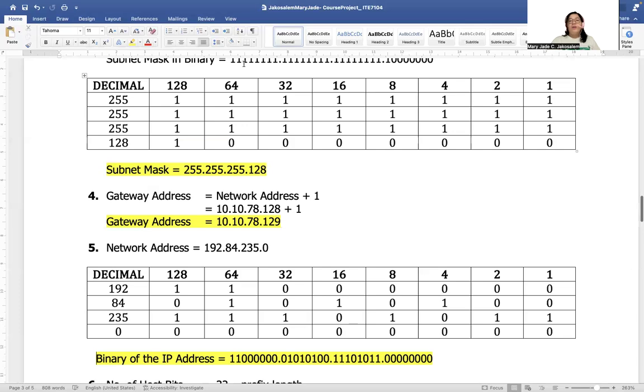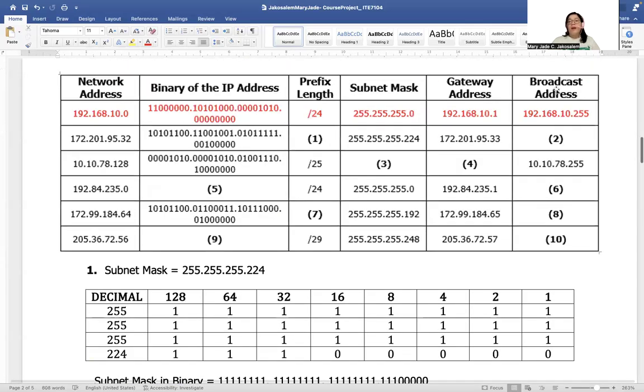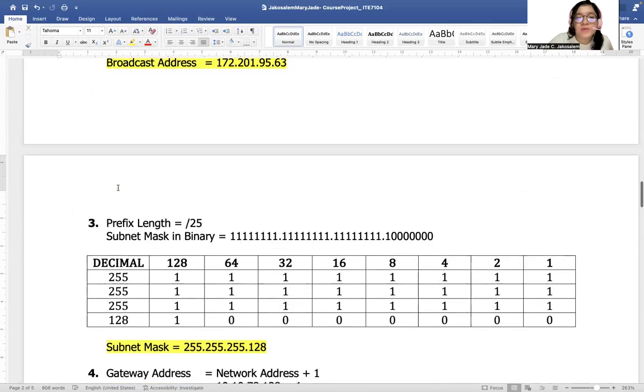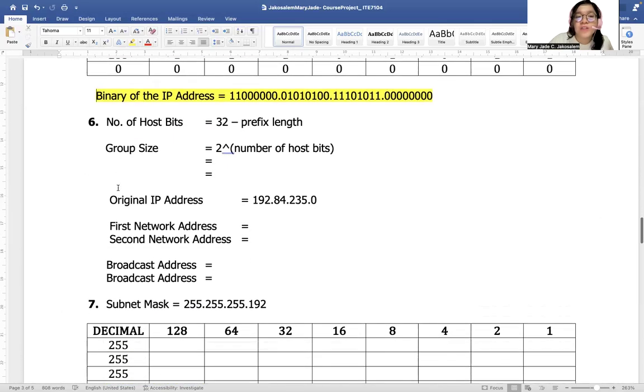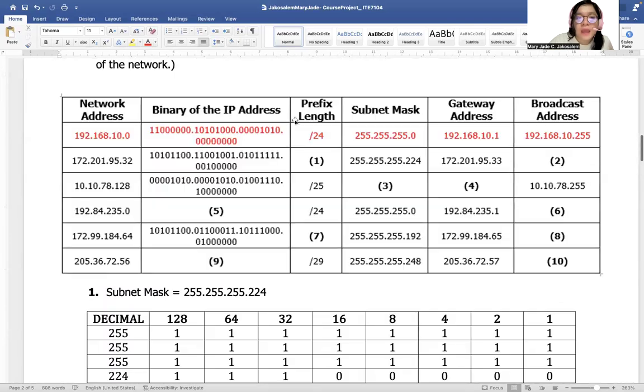Next, for number 6, we are now again required to solve for the broadcast address. So for this one, we need our network address. So we need to first solve for our number of host bits. So again, it's 32 minus prefix length. If we double check, our prefix length is 24.